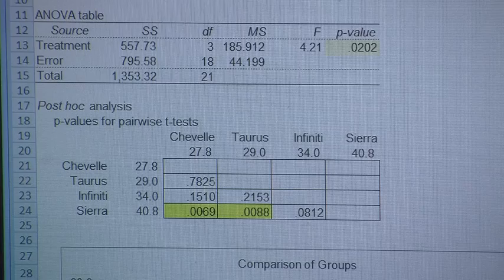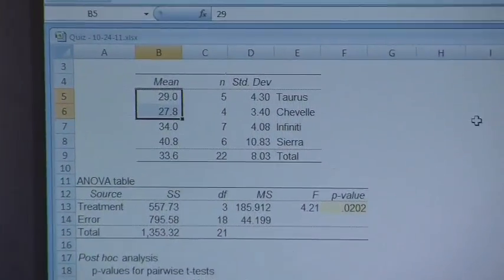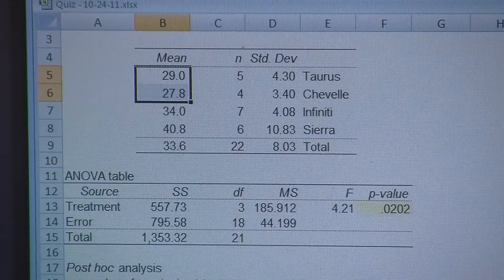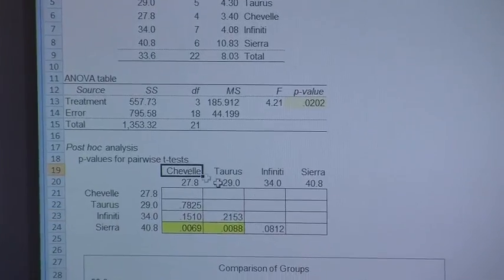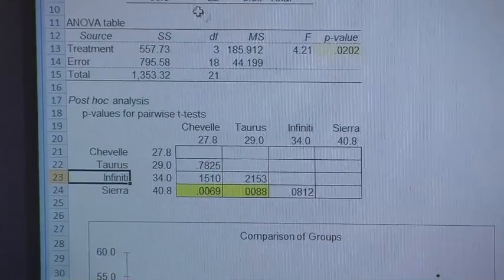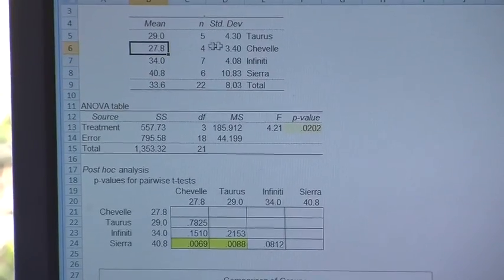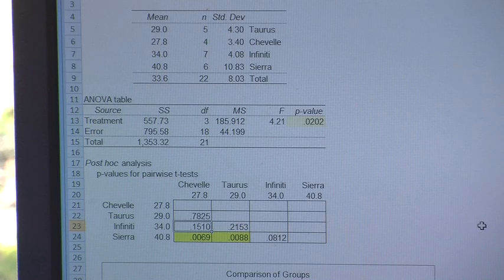If you look here, the Chevelle and the Taurus got just about the same mileage: 29 miles for the Taurus versus 27.8 for the Chevelle. The p-value of 0.15 is between the Chevelle and the Infiniti. The Infiniti got 34 miles, and the Chevelle got 27.8 miles to the gallon. Those are getting pretty far apart, but with a p-value of 0.15, we would fail to reject the null hypothesis.